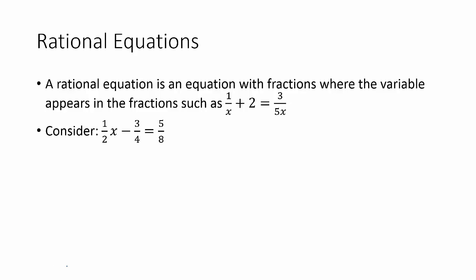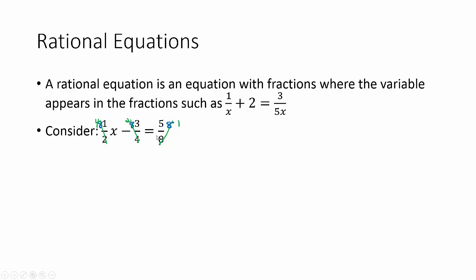we're going to solve a linear equation that we've seen somewhat before, but I want to do something to make this problem easier. Instead of working with the fractions, you'll notice the least common denominator of 2, 4, and 8 is 8. And so if I were to multiply each term by that 8, we'd be able to do some nice reducing. 8 over 2 would reduce to 4. 8 over 4 would reduce to 2.